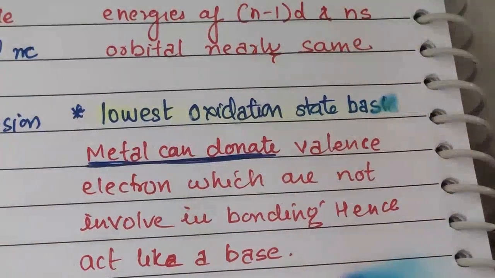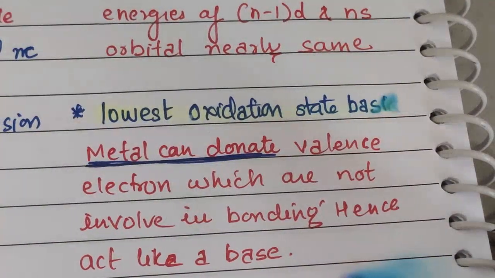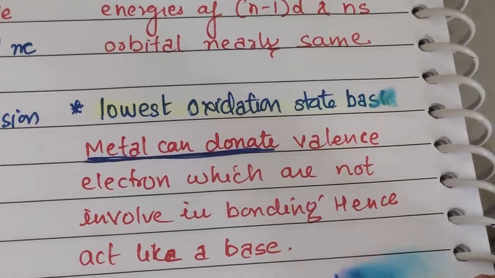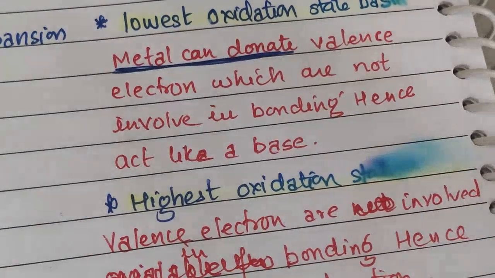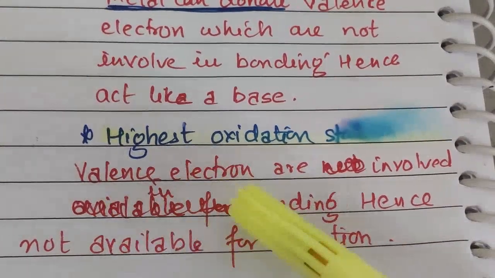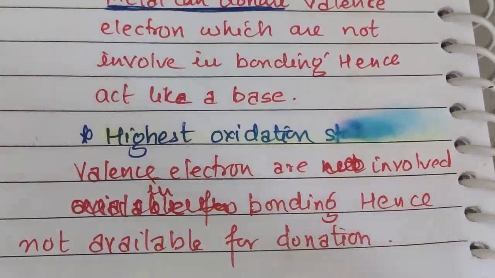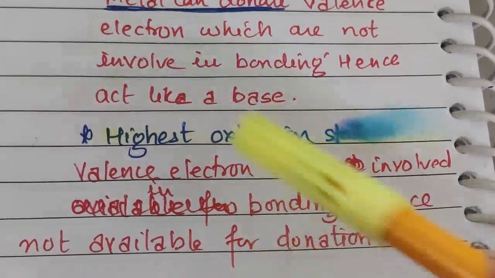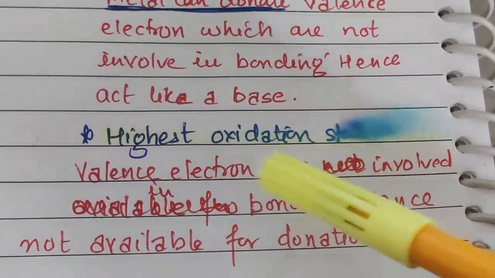Whereas in the highest oxidation state, they don't have any lone pair or extra electron to donate, but yes they can accept, hence we can say they are acidic in nature. Valence electrons are involved in bonding and hence not available for donation, therefore the highest oxidation state will act as an acid.